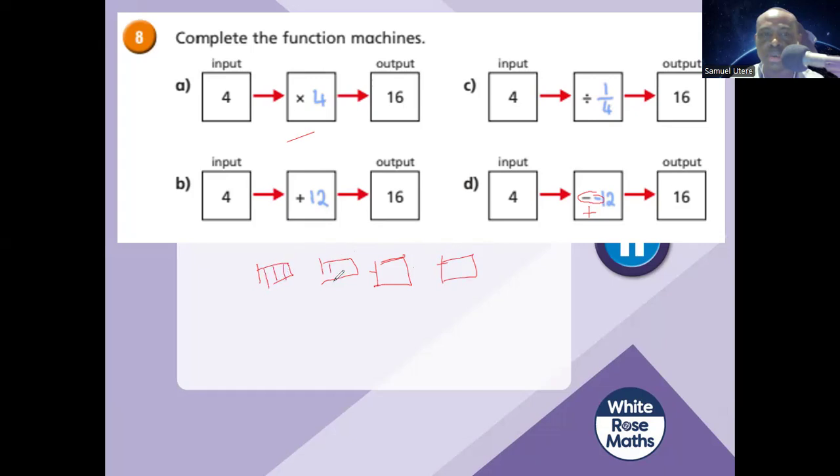Each part should be a quarter. If you do that, in the end, you have 16 quarters. That's what this 16 means. You have 4 lots of 4 quarters, and that's 16. So it's really important you understand that.